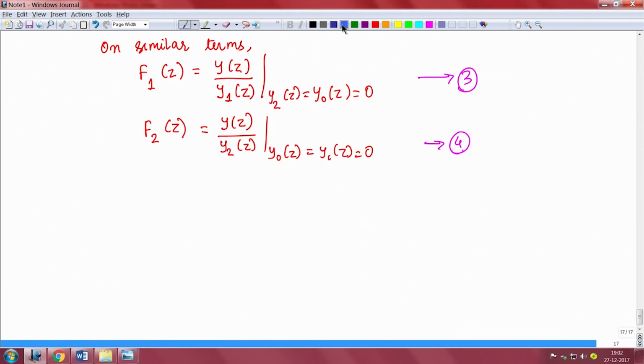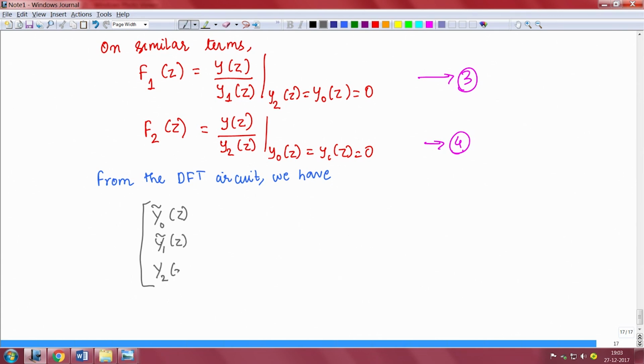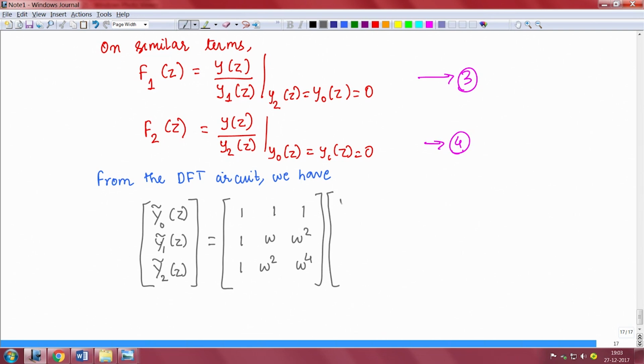From the DFT circuit, we have y0 tilde of z, y1 tilde of z and y2 tilde of z, which is basically the output from the DFT block, equal to the matrix 1 1 1, 1 omega omega square, 1 omega square omega power 4, times the input y0 of z, y1 of z, y2 of z. So, basically this is the 3-point DFT.